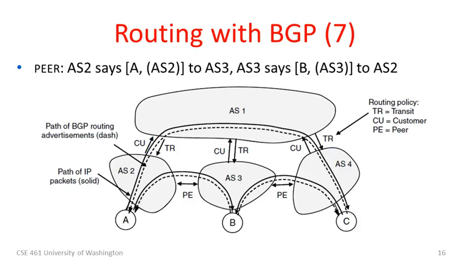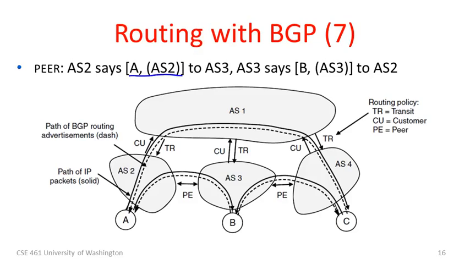What about peering? Well, as with the transit service, in this diagram you can see that AS2 and AS3 decided to peer to exchange some of their traffic for their customers, and AS3 and AS4 also decided to peer to exchange traffic for their customers. Let's just look at the AS2 and AS3 case. AS2 is going to say to AS3 this announcement, AS2.